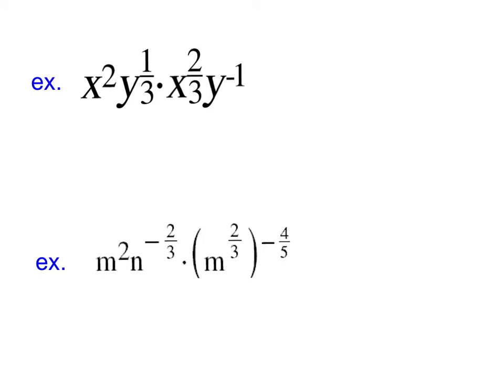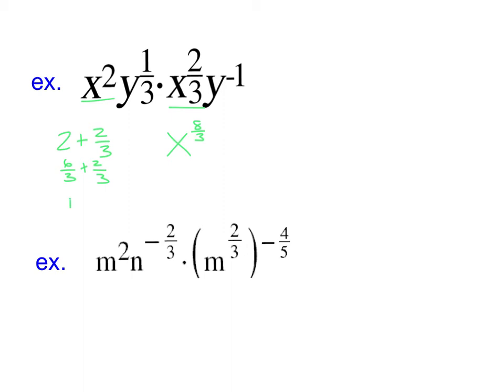Okay, getting a little harder. So, we are multiplying. So what do you do when you multiply? We add. So I'm going to kind of separate this. I have for my x's, I have a 2 and a 2/3. What's 2 plus 2/3? So that's 6 over 3 plus 2 over 3. So that's x to the 8/3. Right?